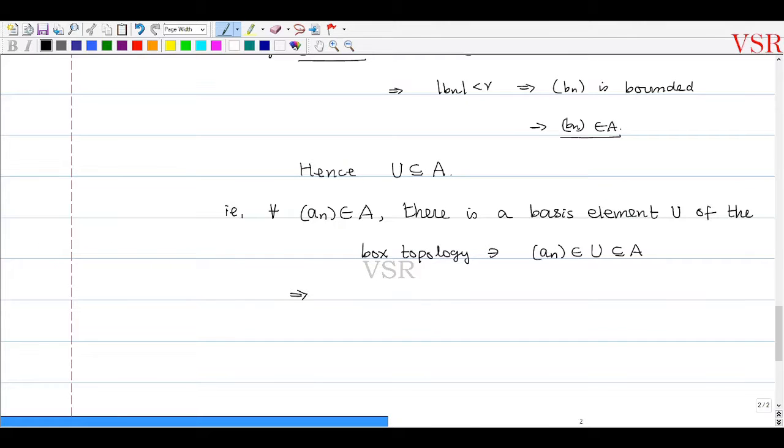So this implies that capital A is open in box topology.